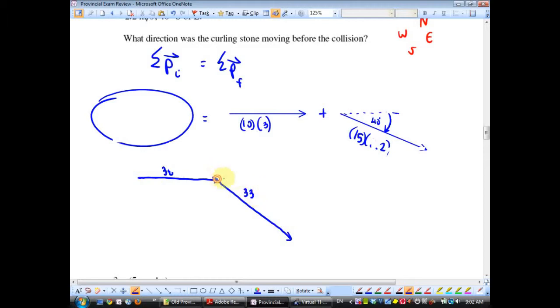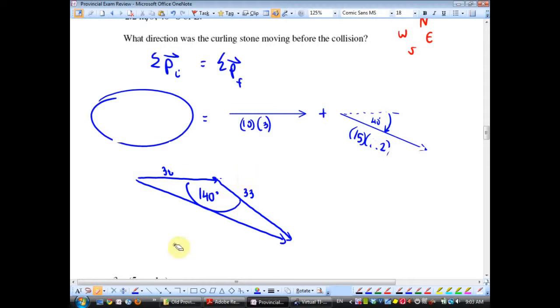Now, this angle here was 40 degrees. How big is that angle there? Okay, 140 degrees. And looks like my resultant is this. Can I erase that so it's not quite so cluttered?